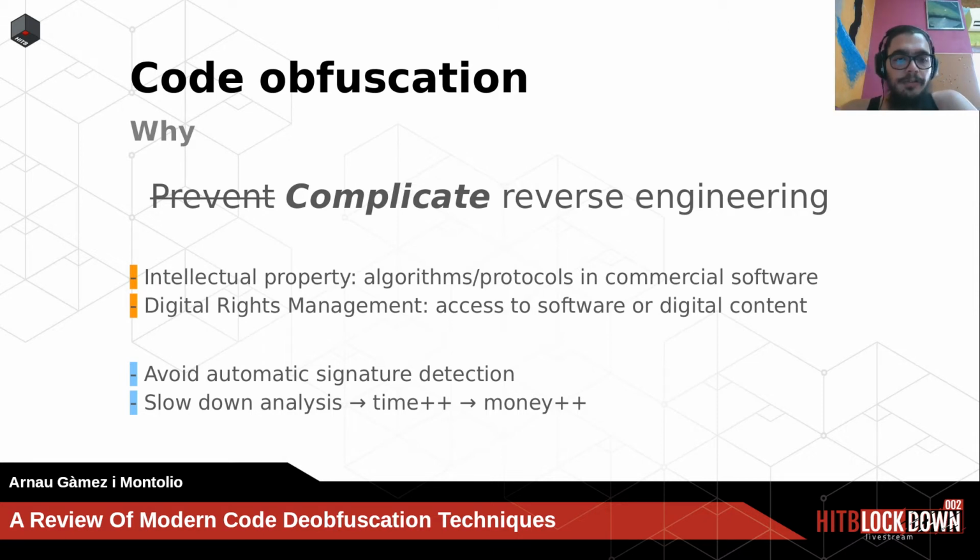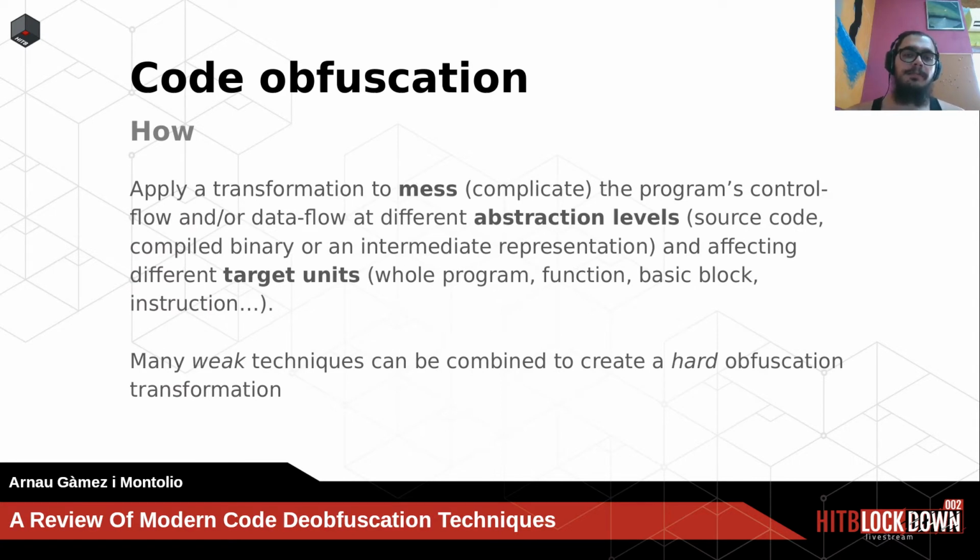In the case of software protection, this is motivated by intellectual property and digital rights management. And in the case of malware threats, the intention is avoiding automatic signature detection, and also slowing down the analysis, which leads to more time uncovered and usually more money that malware actors are able to generate from that.